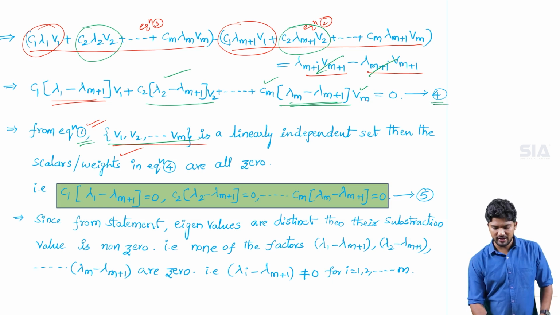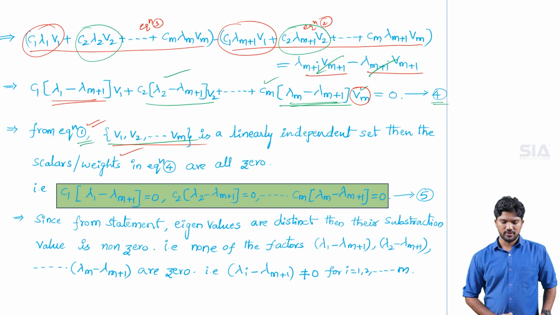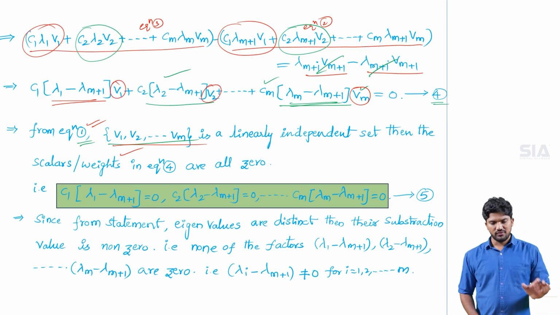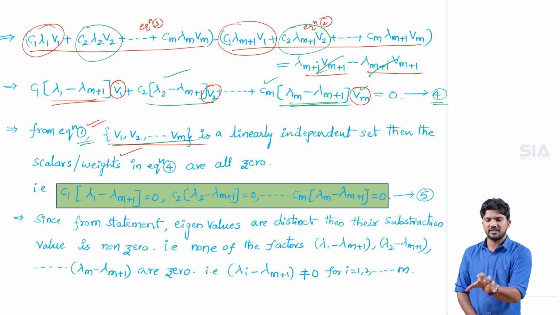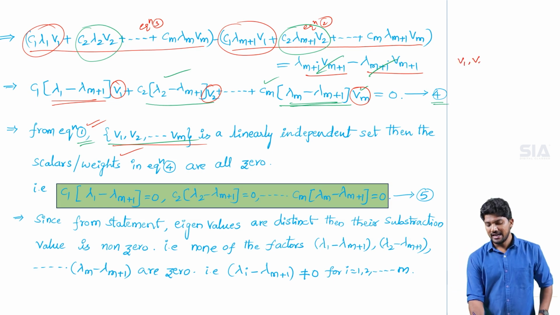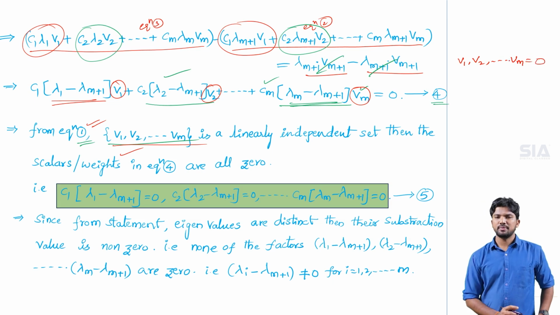Why? Because in equation number 4, what are the vectors? v suffix 1 నుంచి v suffix m వరకు ఉన్నాయి. ఆ v suffix 1, v suffix 2, v suffix 3, v suffix 4 up to some v suffix m అనేవి మనకేంటివంటే అవి లీనియర్ ఇండిపెండెంట్ వెక్టార్స్. అంటే దేర్ లీనియర్ కాంబినేషన్ షుడ్ బి ఈక్వల్ టు 0. ఆల్రెడీ ఈక్వల్ టు 0 అయిపోయిందా?